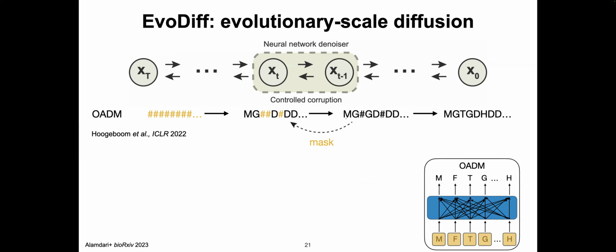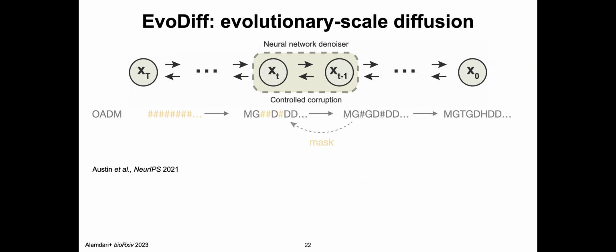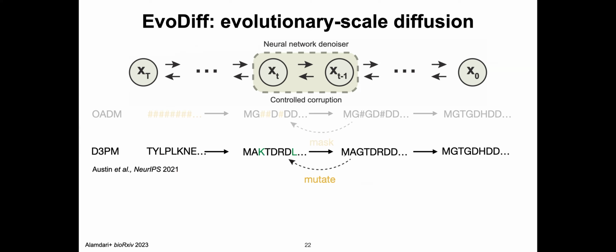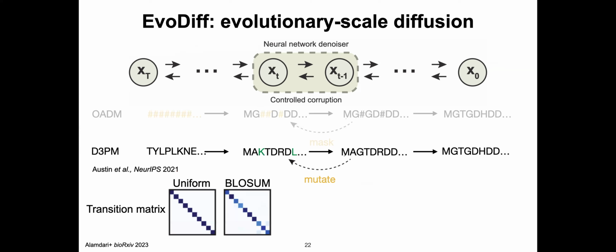This was originally developed by Rianne's student and presented at ICLR in 2022. The second approach that we looked at is called D3PM for short, discrete denoising diffusion, or rather, denoising diffusion in discrete state spaces. And in this case, instead of corrupting using a mask token, we're corrupting according to some probability of a transition matrix.